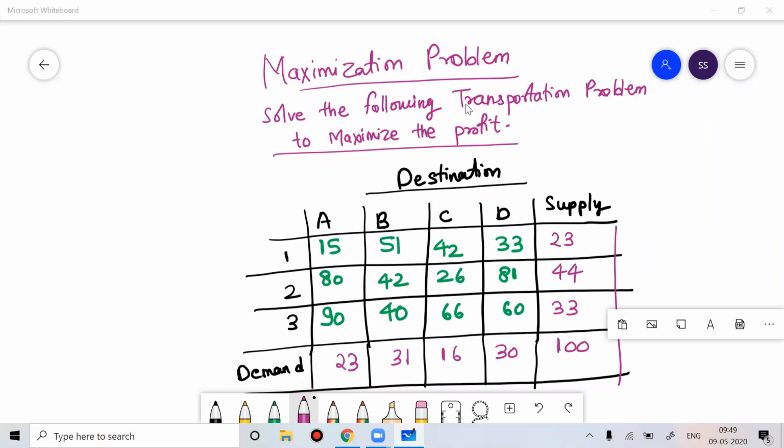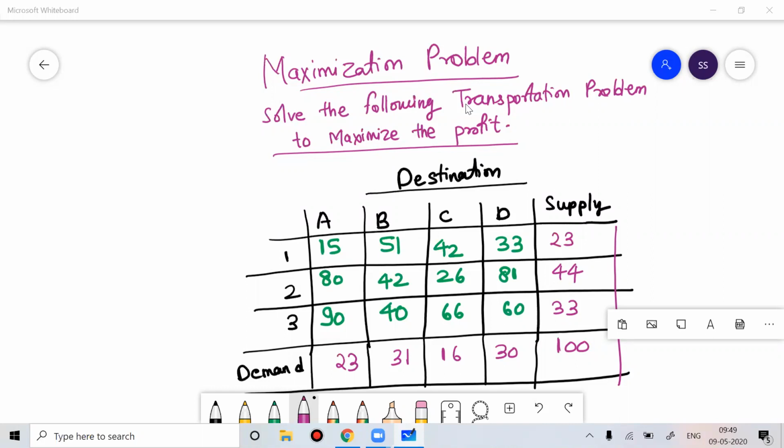If you see the problem I have given you today, you can see that the matrix given here is a maxima matrix, as opposed to a minima matrix. I hope you remember, from day one I'm teaching you one thing: whenever you see the matrix, it should be a minimum matrix, and total demand should be equal to total supply.